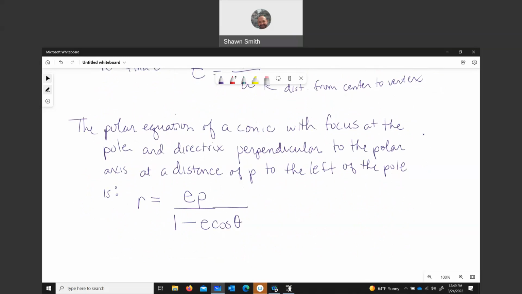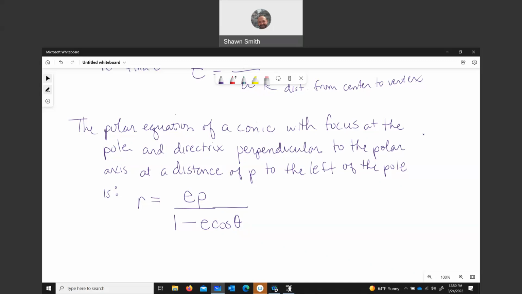So we'll be able to find the value of e and the value of p. And then if we know those values, we can determine what type of conic we have and where we are located in reference to the pole.